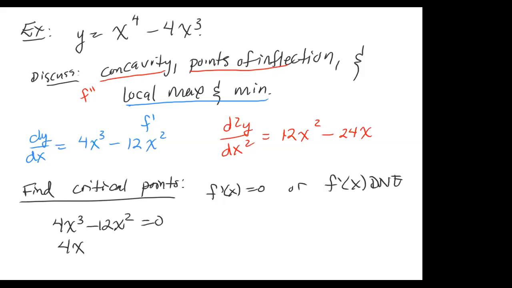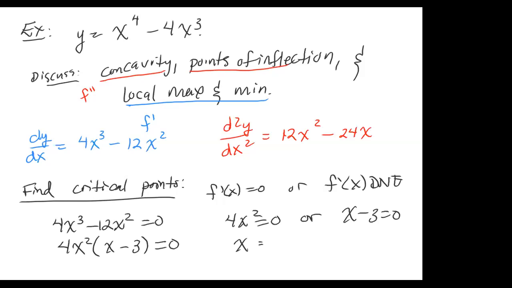Factor out a 4x squared times x minus 3 is equal to 0. This gives me 4x squared is equal to 0, or x minus 3 is equal to 0. Excuse me, 3, not 13. So this left-hand equation gives me that x is equal to 0. Or if I add 3 on the right-hand side, I get that x is equal to 3. So there are 2 critical points.